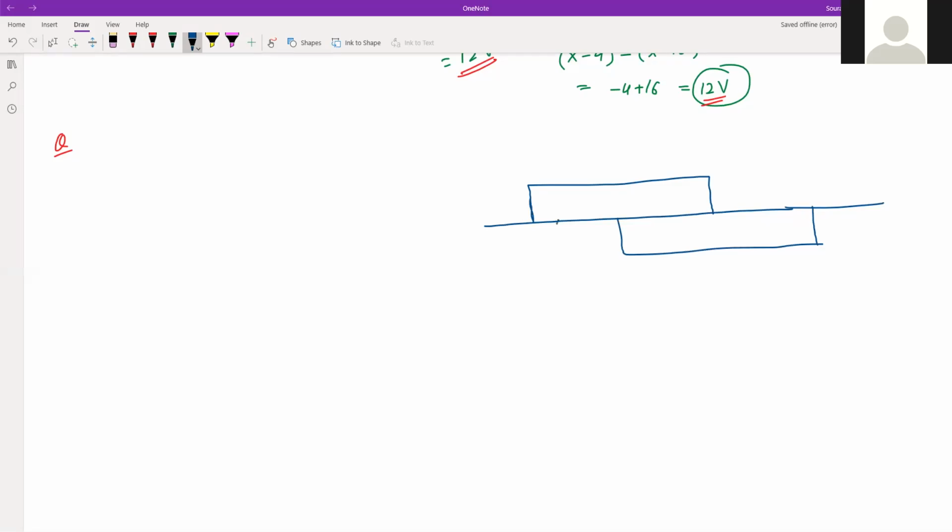So here there are some resistors in different segments, and the values of those resistors are 10 ohms, 10 ohms, 10 ohms, this is also 10 ohms, this one is 20 ohms.